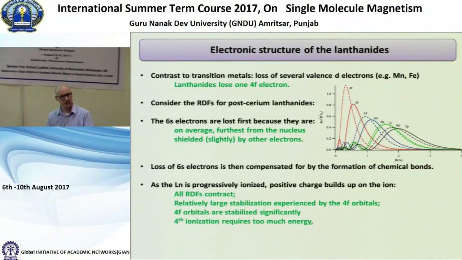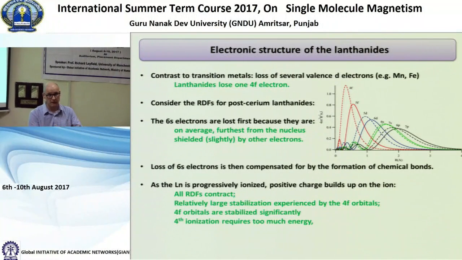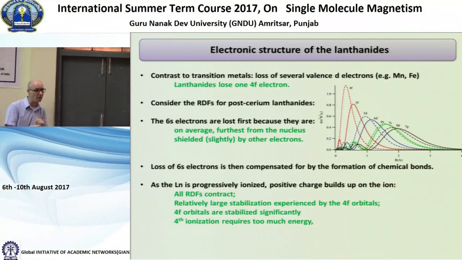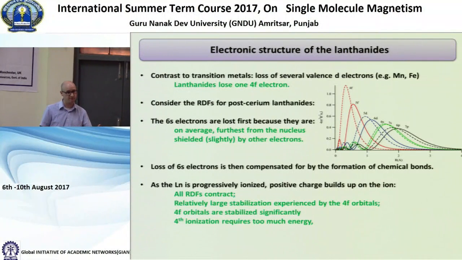So you can put some energy in to get rid of one 4f electron, form some chemical bonds, and everything is okay. But if you try to go beyond that and remove a 4th electron from the lanthanide, the amount of energy required is simply too much for it to be chemically realistic. Again, this is the reason why lanthanides, in the vast majority of cases, stop at the +3 oxidation state.